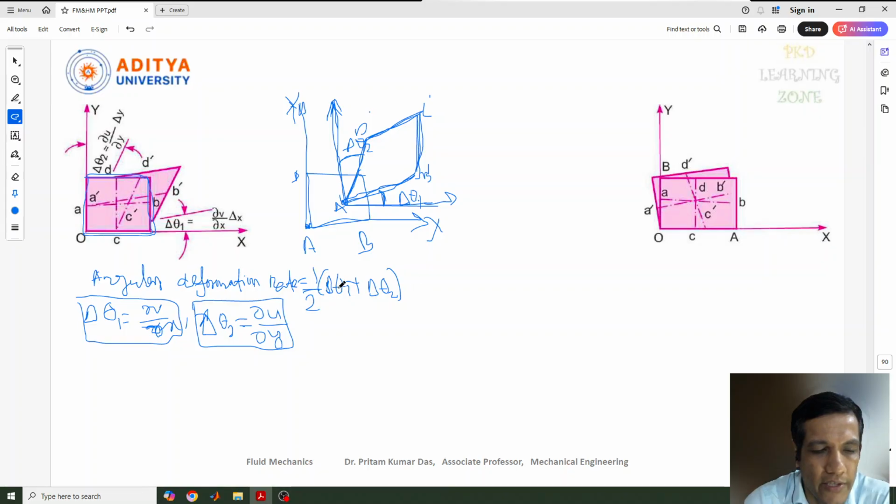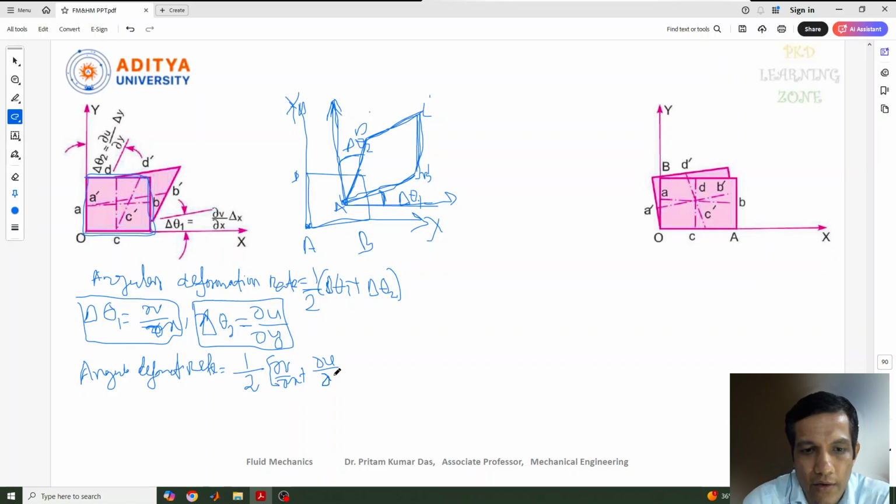Just put the values in this equation. So we can write the angular deformation rate equal to half into del v by del x plus del u by del y.